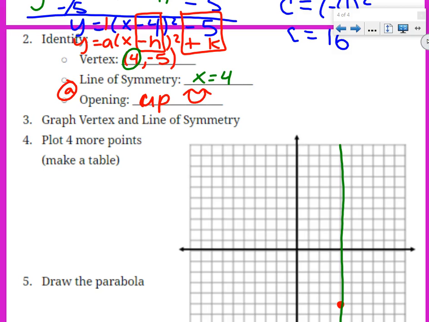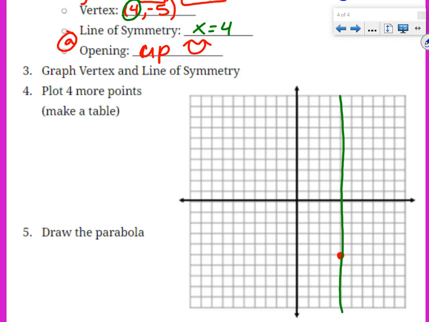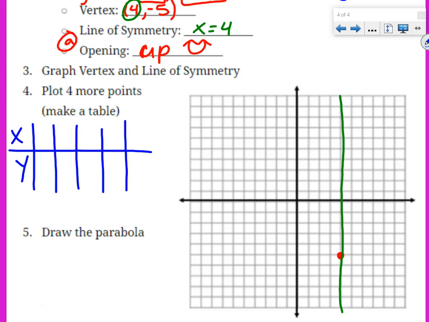We just graphed the vertex and line of symmetry, so now we need to plot 4 more points. So we need to make that table x, y, put your vertex in the middle, so 4, negative 5. We can put 3 and 2, and 5 and 6 for our other x values. Plug those into your calculator.